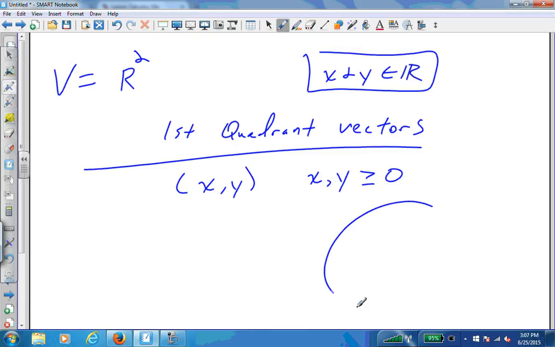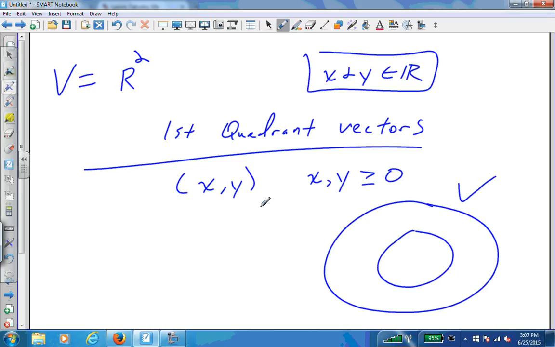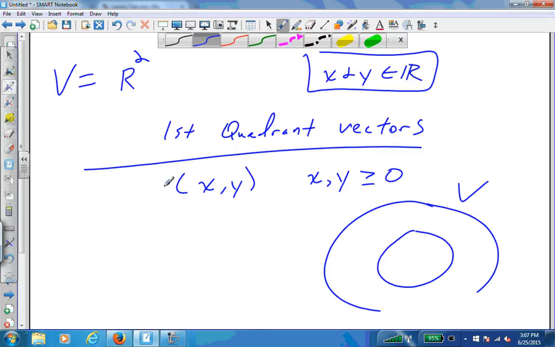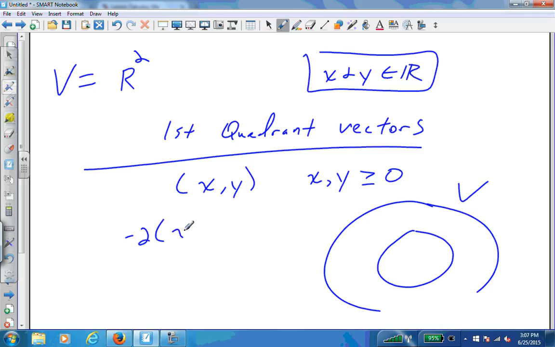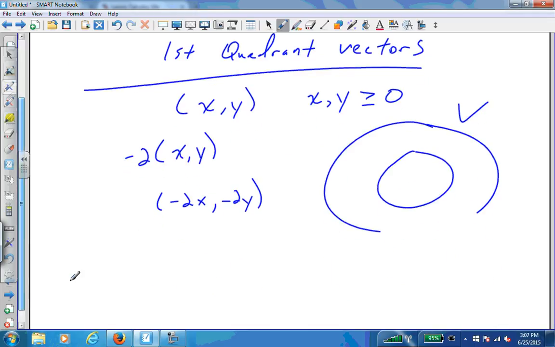If we think about V as the whole set, then this is a portion of those, but it's not an actual vector space. If we think of taking a scalar times something that is in this subset, if x and y are both required to be positive, then when we multiply that by a negative scalar, we get something that's negative, so it's outside this subset.